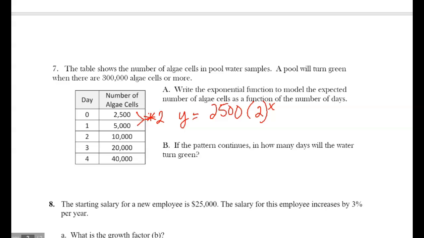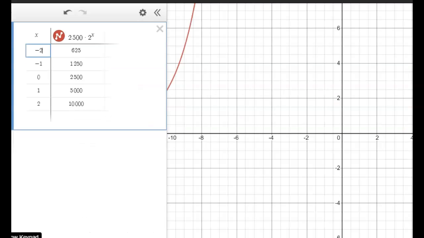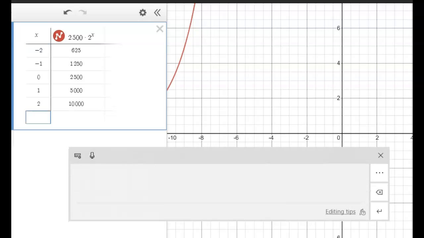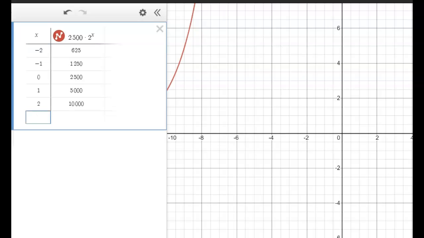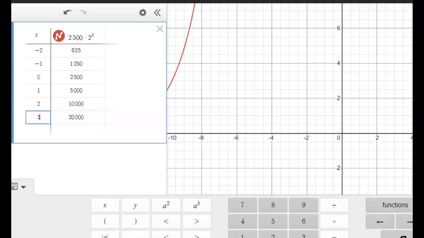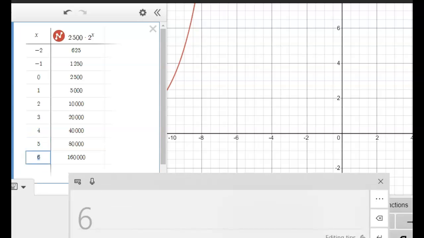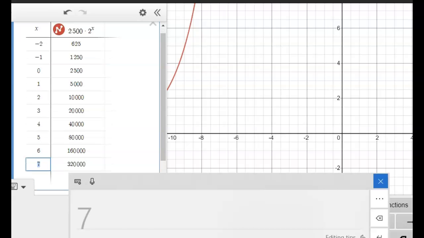So it says write an exponential function. That's what we did. How many days will the water turn green? Well, we need this 300,000 amount. So come over here, I have it in. So we're going to put in our 3, 4, 5. Okay, there it is.